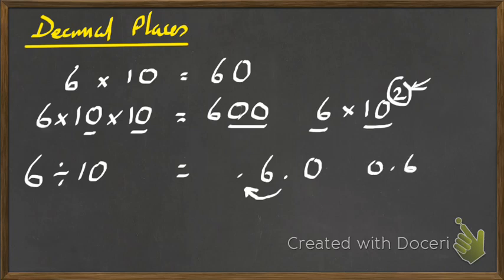And again, if I have 6 divided by 10 divided by 10, in other words, as we saw before, divided by 100, or if we wanted to write it so, divided by 10 squared, it's the same argument as we had here.